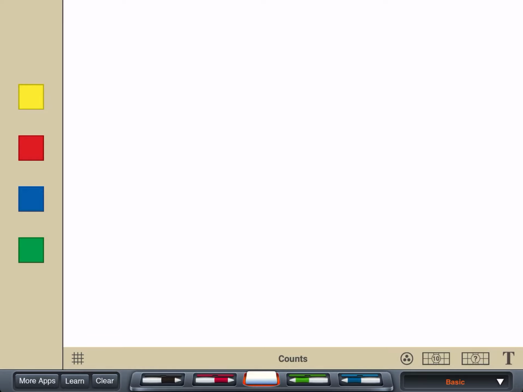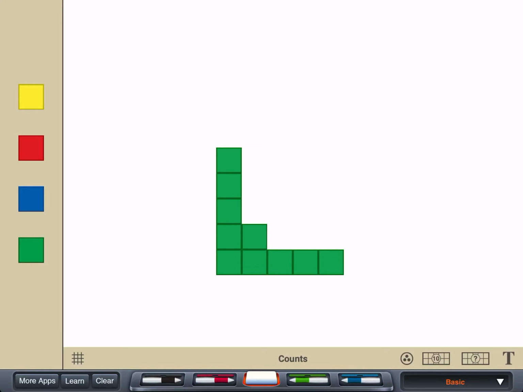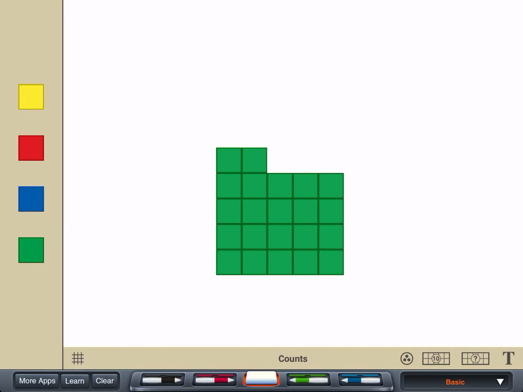All right, so I am going to show you a perfect square, and we are going to figure out together which perfect square it is. Okay, so this is a perfect square.